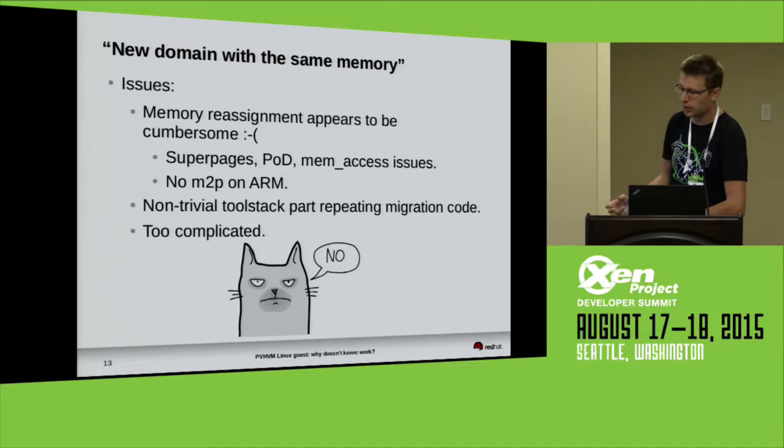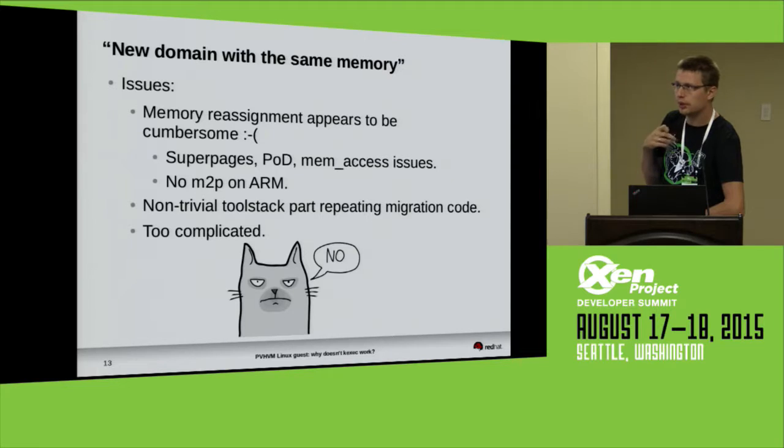Populate on demand means that in the P2M table, it's written that there is no real page allocated for this address, and if someone tries to access it, a page will be added to the domain. So we need to not only reassign actual memory pages, but we also need to walk through all these P2M tables and copy all these marks.